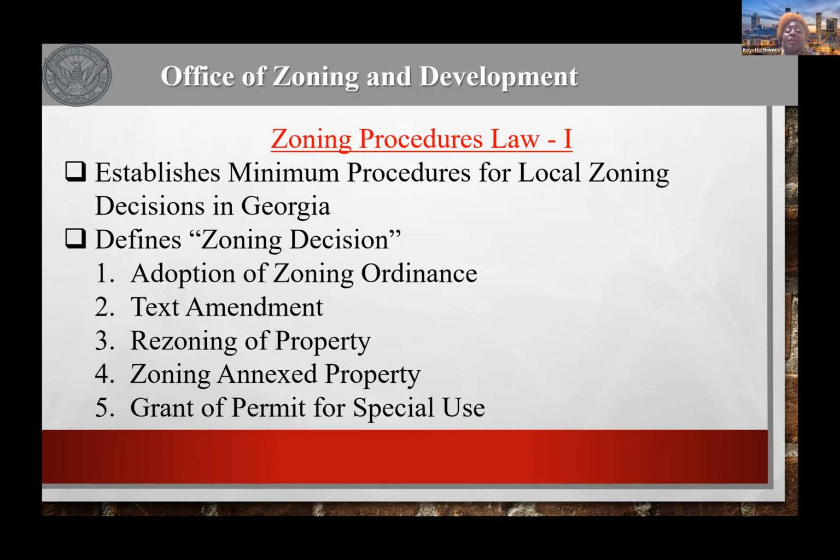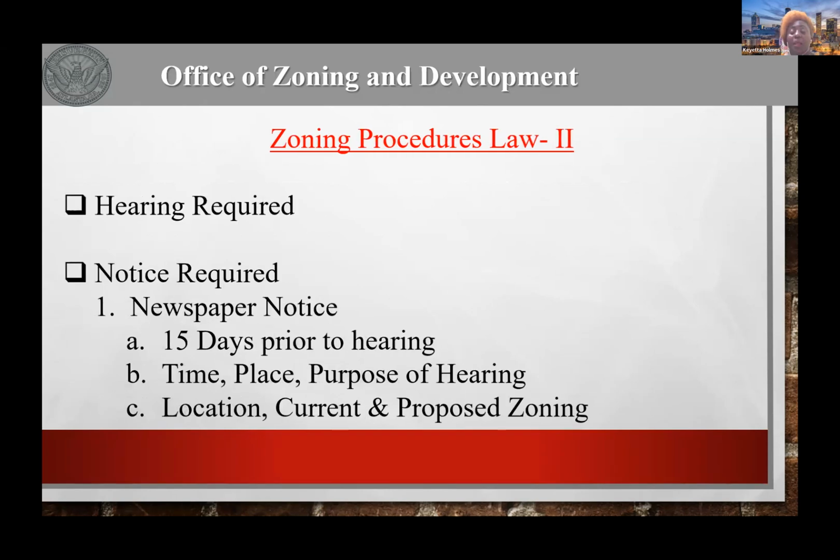It is done for the adoption of a zoning ordinance, for a text amendment, for the rezoning of a property, for zoning annexed property, or for the granting of a special use permit. It requires a hearing. The hearing is either before the zoning review board or before the Board of Zoning Adjustment.